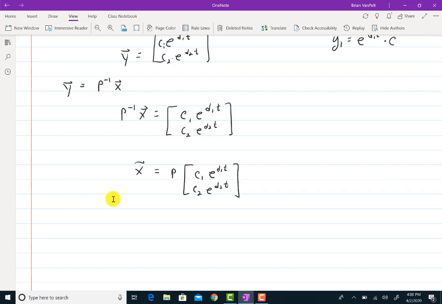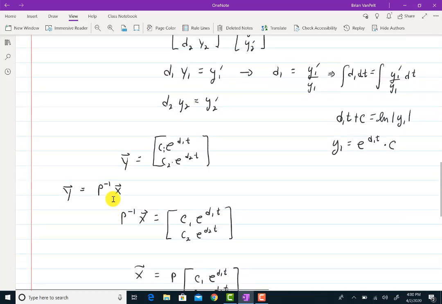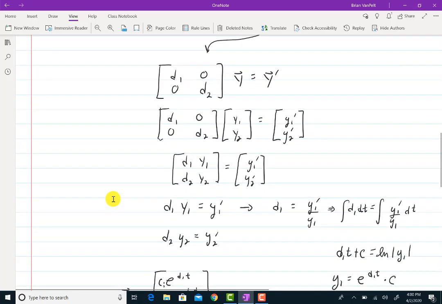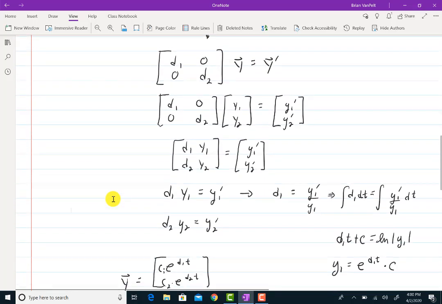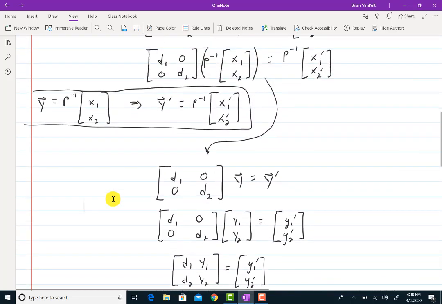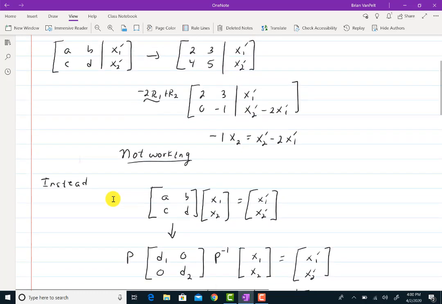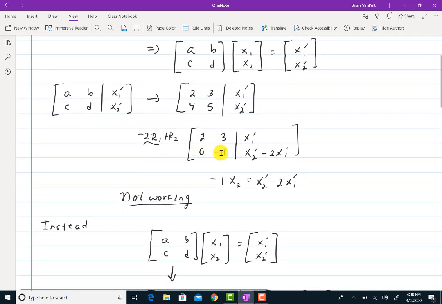So you can see I get the solution using this eigenvector, eigenvalue approach. The whole point of inventing the eigenvalues was to be able to solve these types of systems. And let me come back here to where I was talking about that was not working. Imagine how useless or impossible it would be if this were a matrix of, say, 500 by 500.